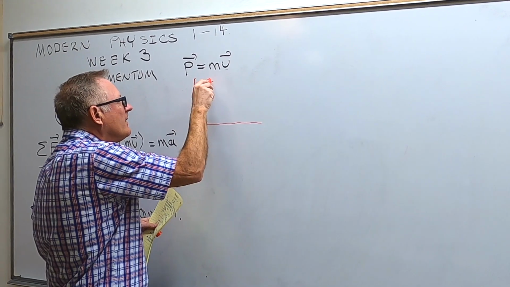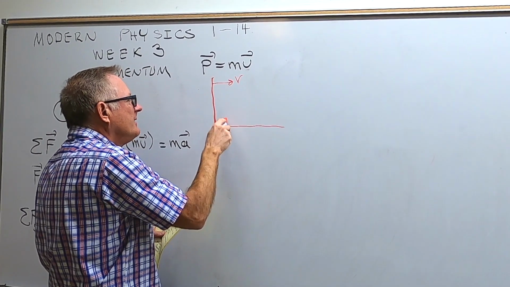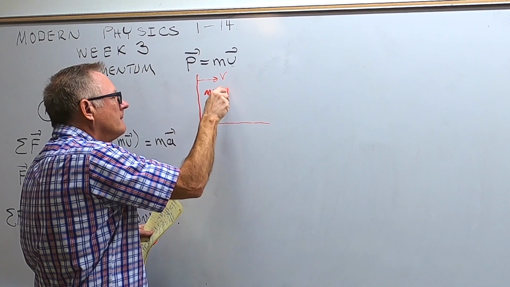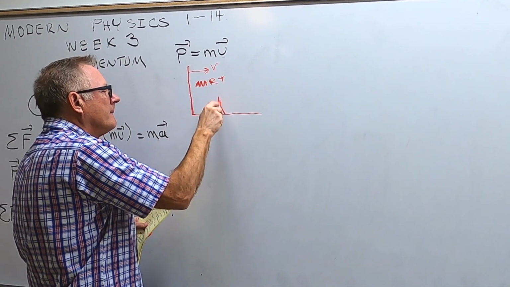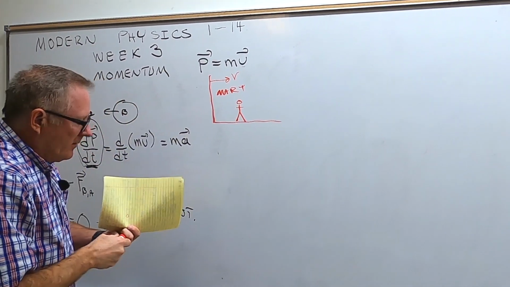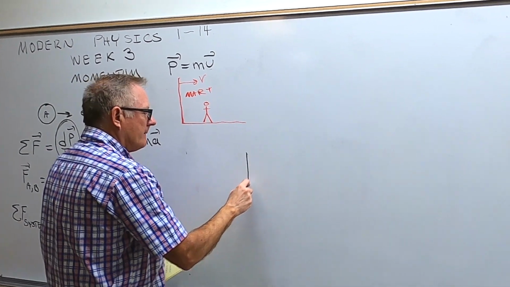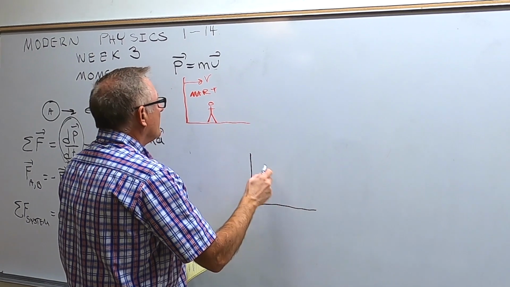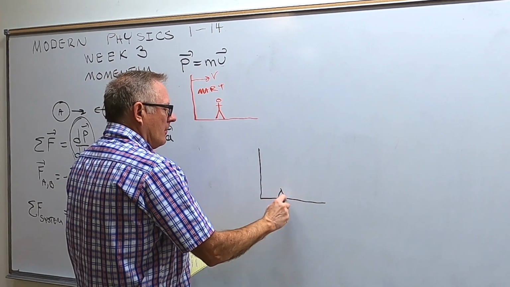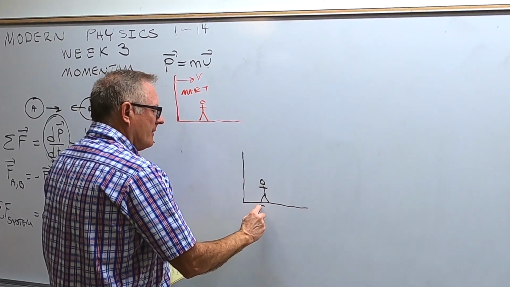Remember, she's moving along this way with a velocity v, so this is Mary. And then we have Frank. I'll put Frank right here.